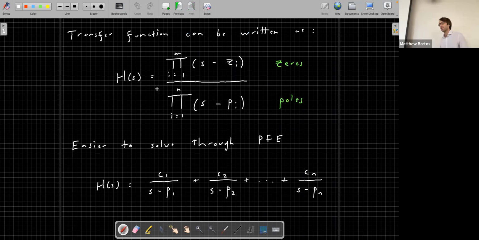Now, we ended last lecture by looking at how we can take the inverse Laplace transform more easily to get the solution in the time domain.